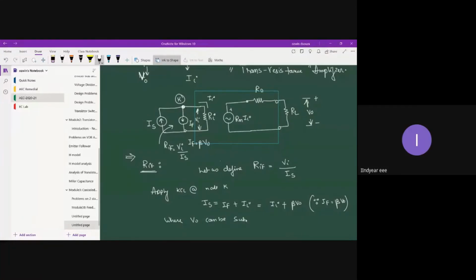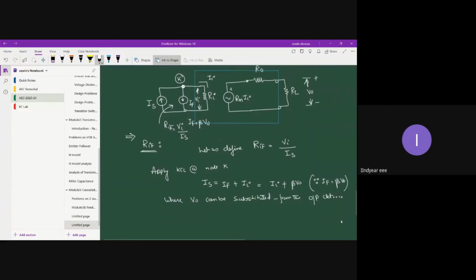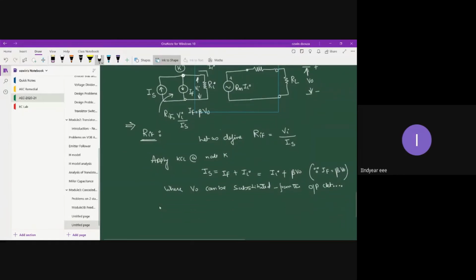Okay, fine. And where V0 can be substituted from the output circuit. Okay, from the output circuit. So on the output side, apply voltage divider rule. When you apply voltage divider rule on the output side, what you get?